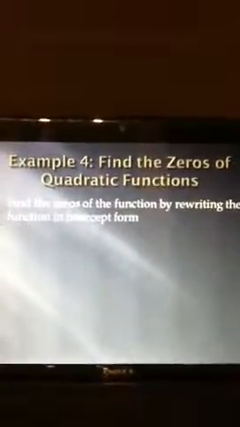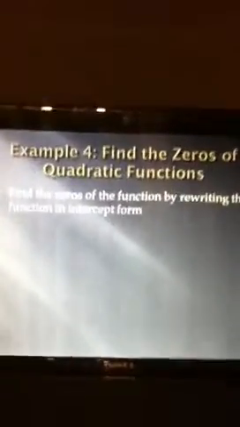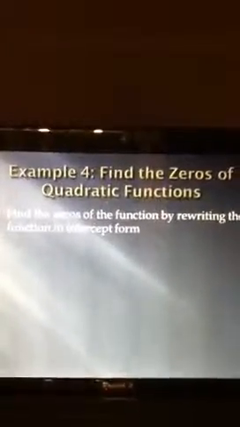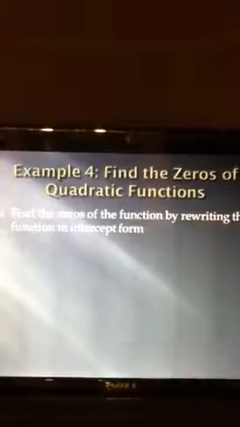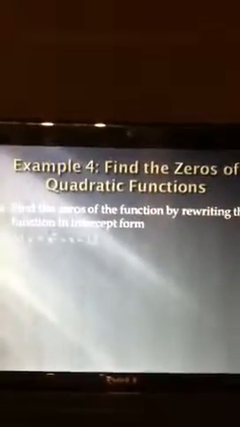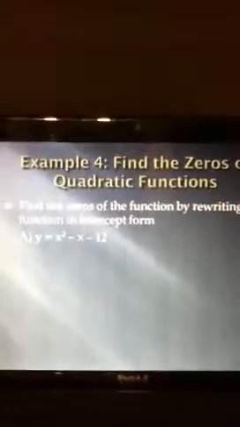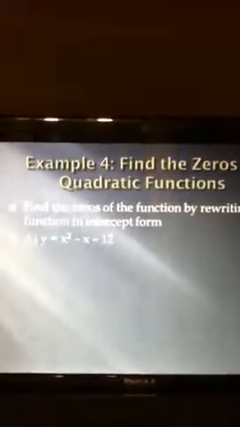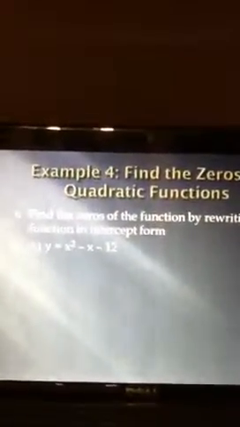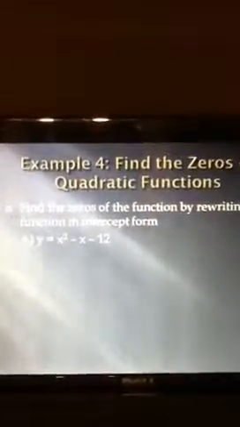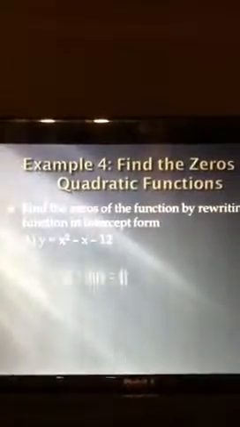We're going to be doing a last example, in which I'm going to teach you how to find the zeros of quadratic functions. In the first example, I'm going to be teaching you how to find the zeros of the function y equals x squared minus x minus 12.